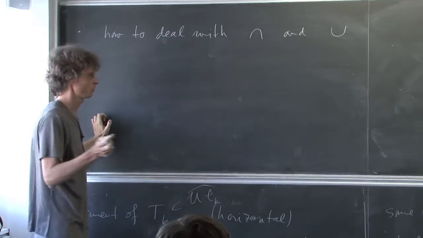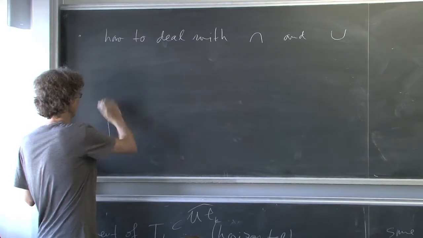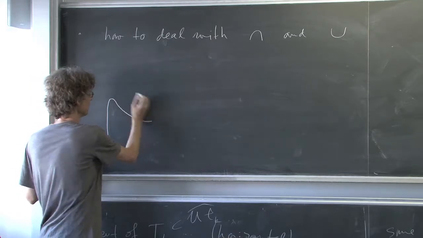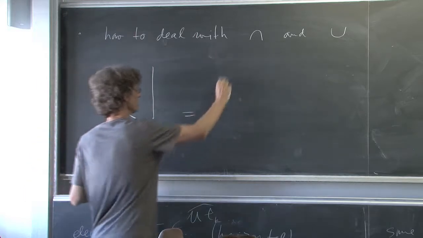Why doesn't it work, or what should actually work? The problem is that if you have something like this, I can do it this way. This should be the same as that.